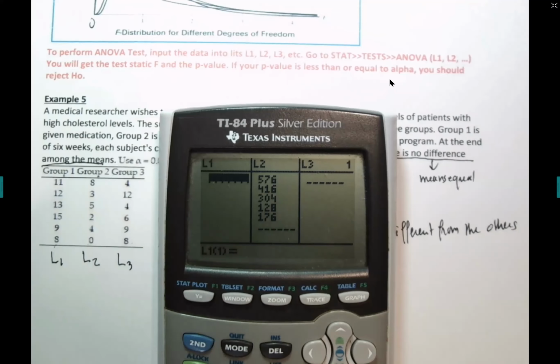This is always assumed to be a right tail test. And you will see how easy it is to use the ANOVA test. But it is easy after you input the data into L1, L2, L3.